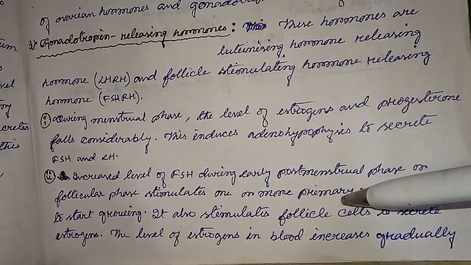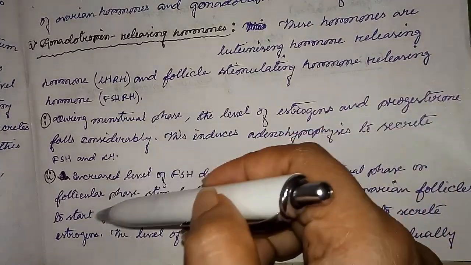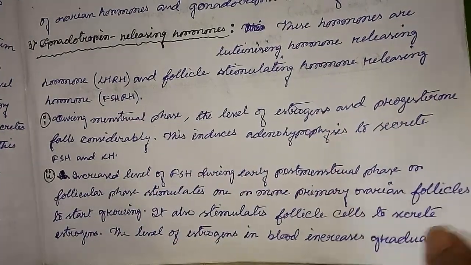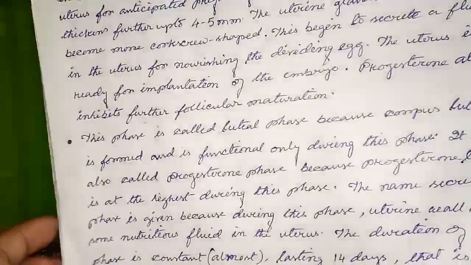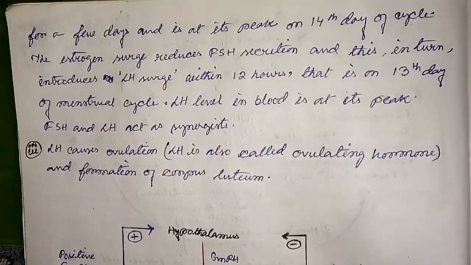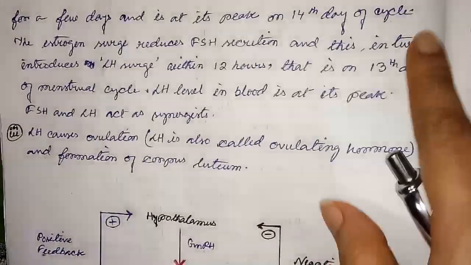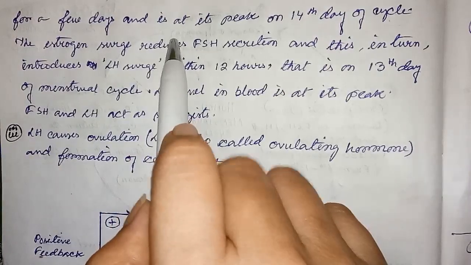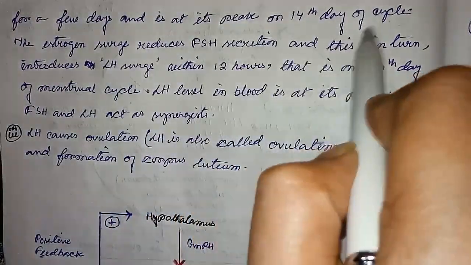It also stimulates follicle cells to secrete estrogens. The level of estrogen in blood increases gradually for a few days and is at its peak on the 14th day of the cycle.